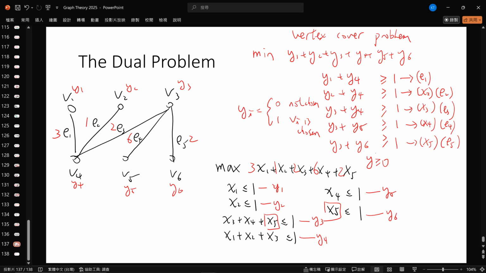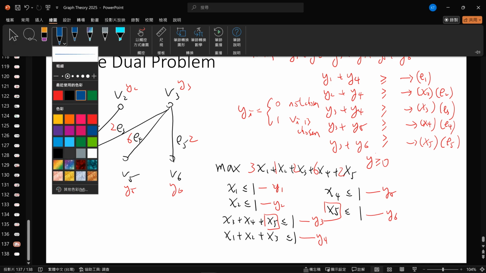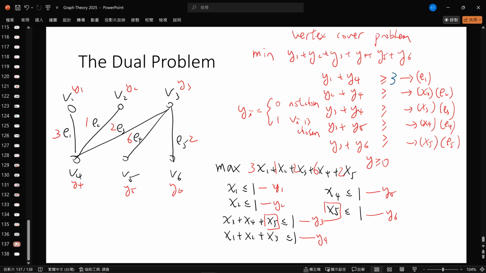Next, the constraints. On the right-hand side of these constraints, we consider the coefficients of x in the primal problem. So this time the right-hand side becomes: the constraint for x1 should be at least 3, at least 3.